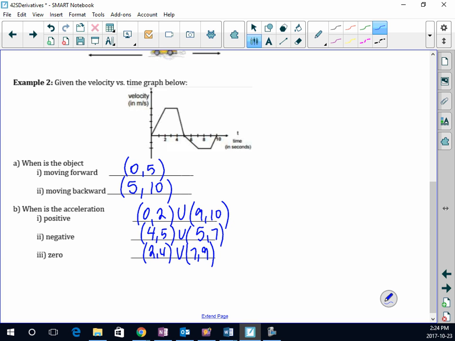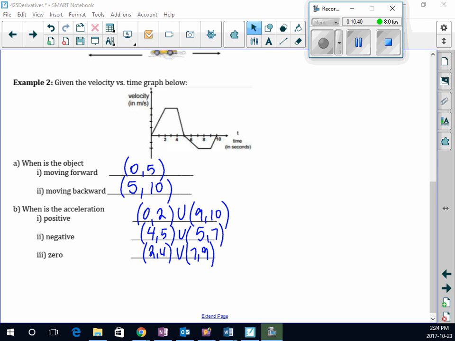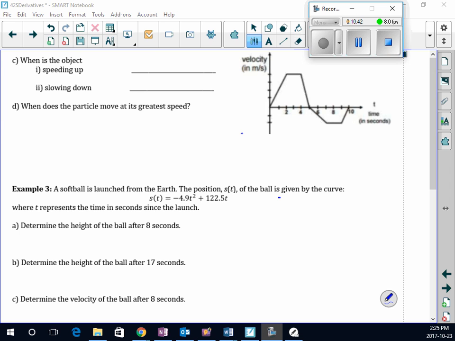Okay, I am going to just pause this and have the graph there to answer the other questions, because otherwise I can't see the graph here. When is an object speeding up? When the velocity is positive and the acceleration is positive. So we're looking for positive and positive slope.